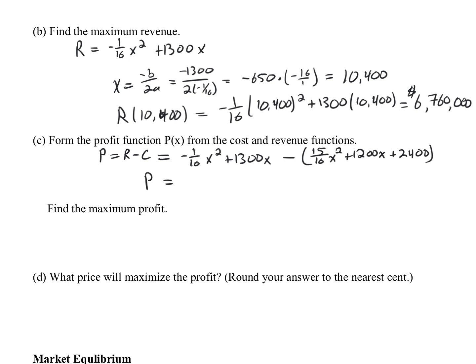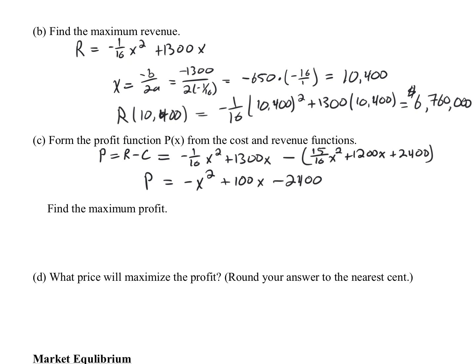So we should have profit is equal to, if you take negative 1/16 and then subtract 15/16 more, you end up with negative 1, so just negative x squared. If you take 1,300 minus 1,200, you get 100. And then if we subtract 2,400, we end up with just negative 2,400.